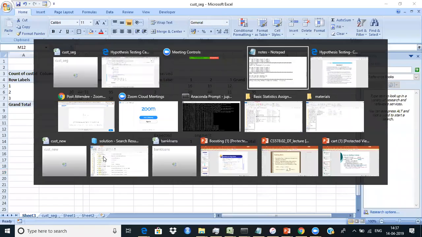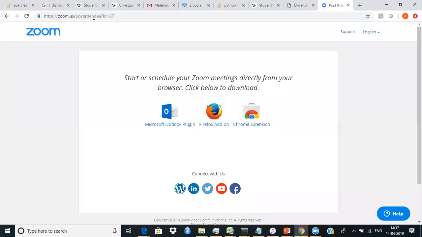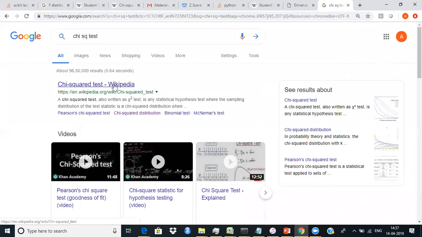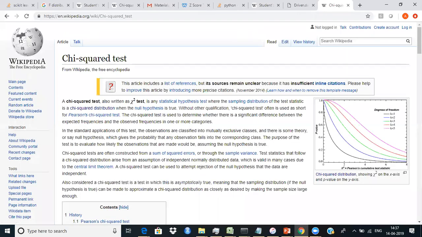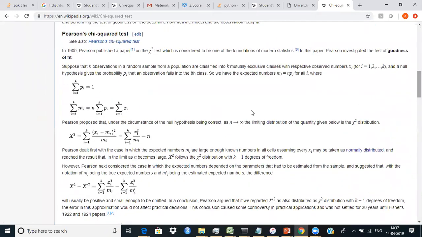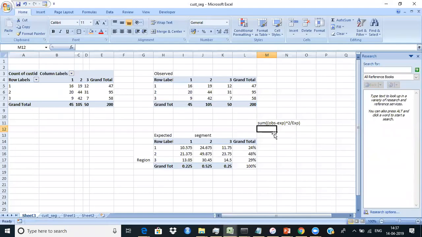Let me check quickly because I might be wrong. Yeah, so observed minus expected square by expected. So this is the chi-square test statistic.